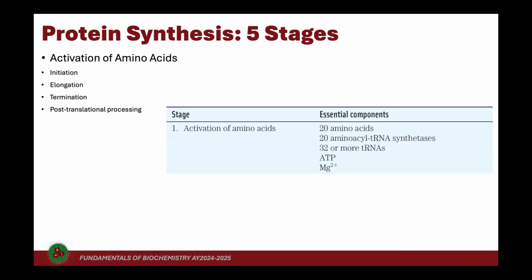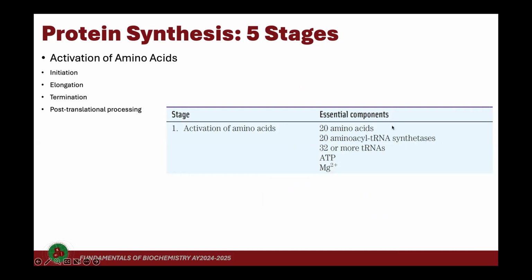So we will look at the molecules involved at each stage. And I think at this point, you only need to appreciate the amount of molecules involved in each stage. So for the activation of amino acids, of course, you need to activate all of your 20 amino acids. And you have the enzymes that do this. So we call them amino acyl tRNA synthetases.